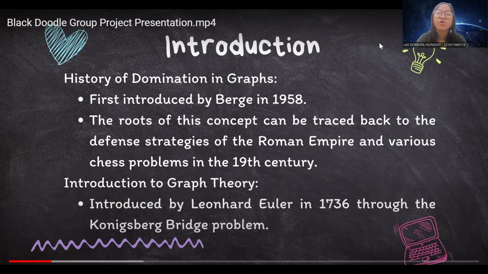Graphs are used to represent discrete objects and the relationships between them. Graph theory is one of the tools that is widely used to describe a problem so that it can be easier to understand and solve.